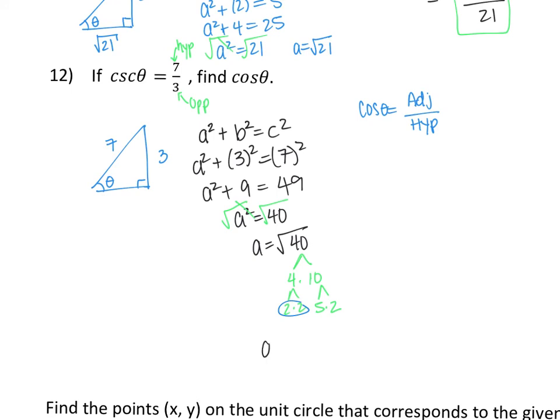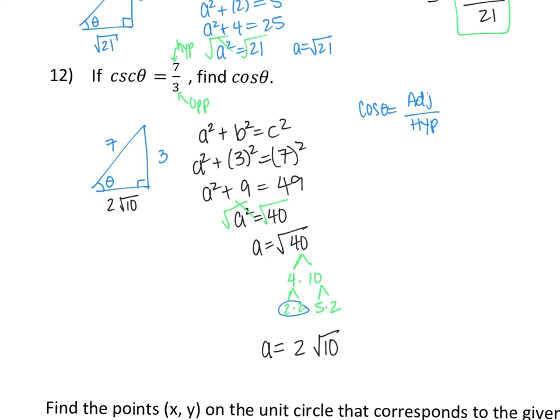In this case, the 2 comes out, and then in my root, 5 and 2 are not pairs, so they go back in the root. So you have to multiply them, so 10 goes back in the root. You only bring out duplicates or pairs, and you keep any leftovers in the root. So a here, or the adjacent side, is 2 root 10.